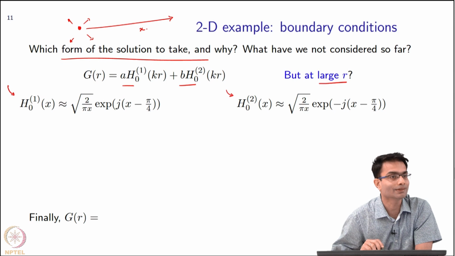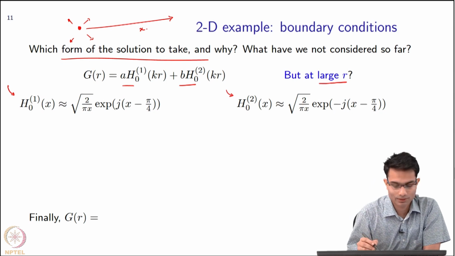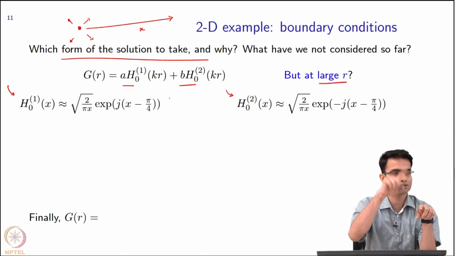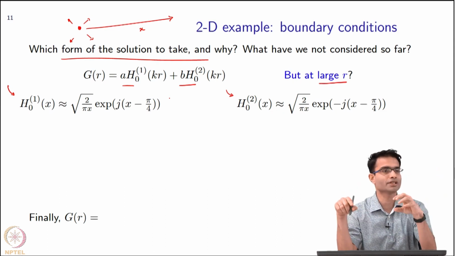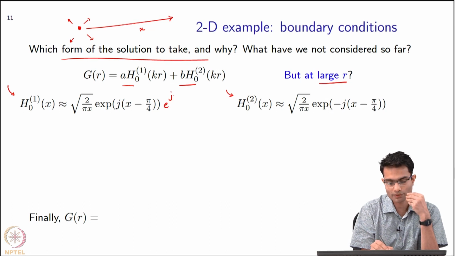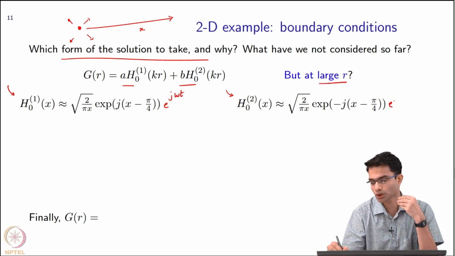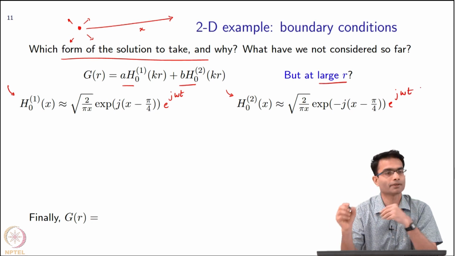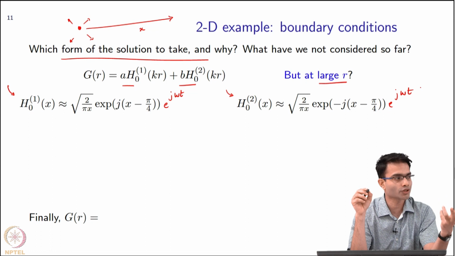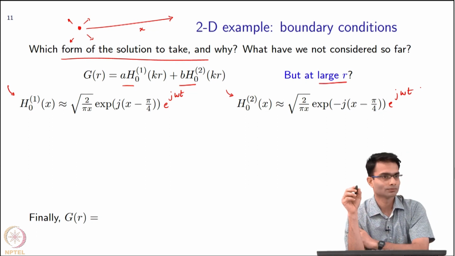E power j omega t? Why does it have to counteract? It is a phasor which is constantly oscillating, but the amplitude is decaying. No problem. So, let us write this term over here on both sides. That would be the total solution in space and time, right? Remember, that is what we did with phasors. Solve it, put an e to the j omega t and take the real part.